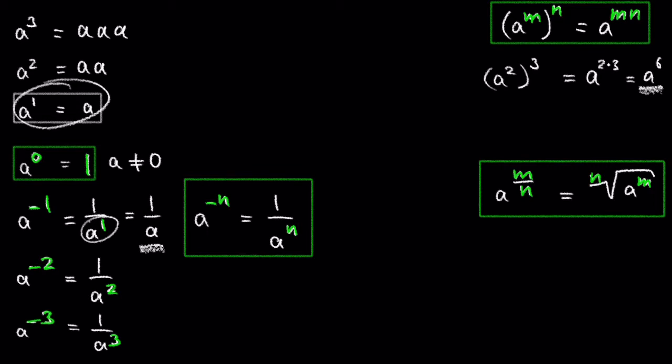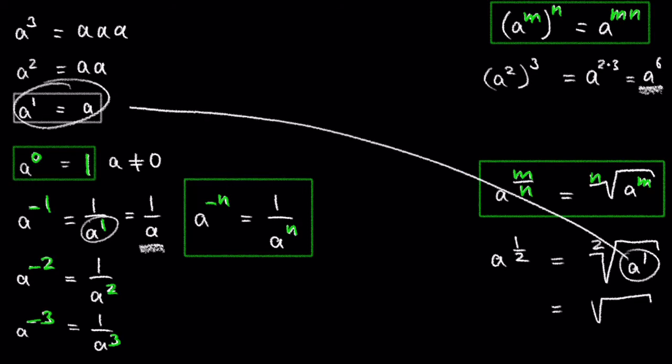So when we have, for example, a to the power of 1 over 2, as we know from the law of fractional exponents, this is the same as the second root of a to the power of 1. The second root is just the normal square root. And a to the power of 1 is a. So we get the square root of a.